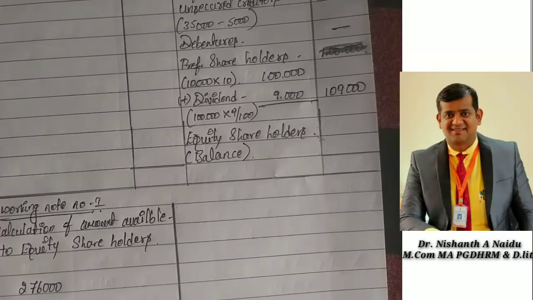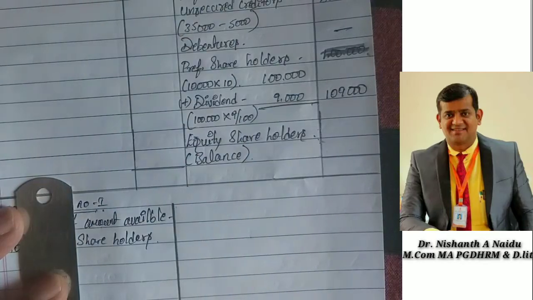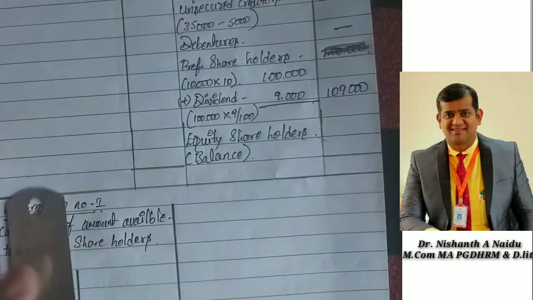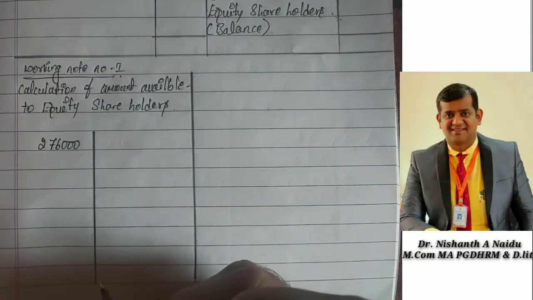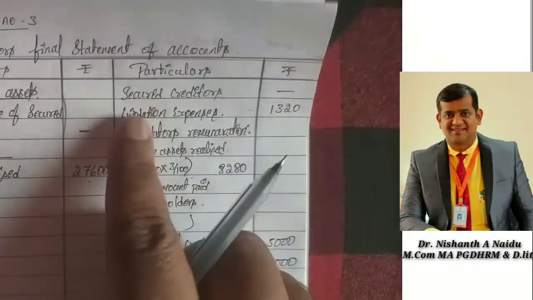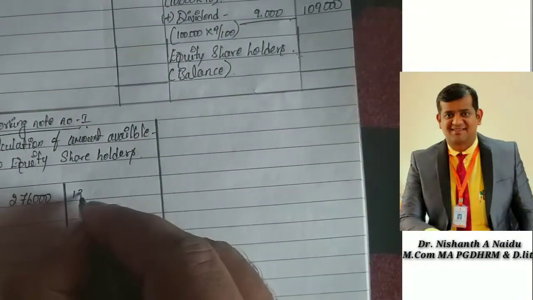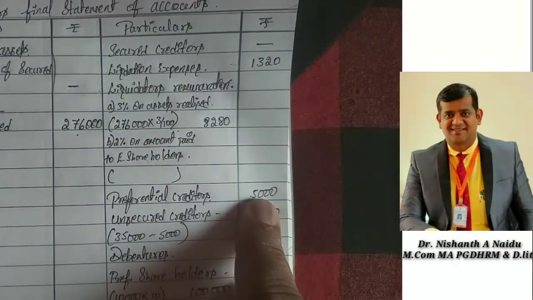2,76,000. I have written that, and I'm just drawing one line so that I can write all the expenditure one by one. So what are all the payments we are making? Liquidation expenses, how much? 1,320. Next, preferential creditors, 5,000.